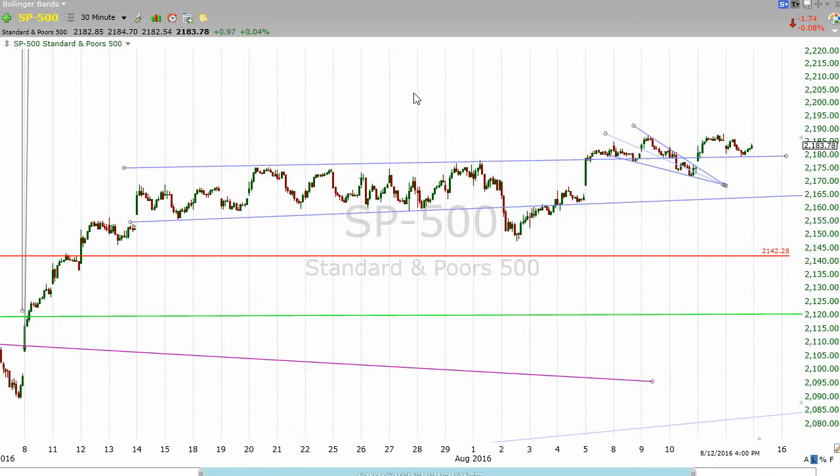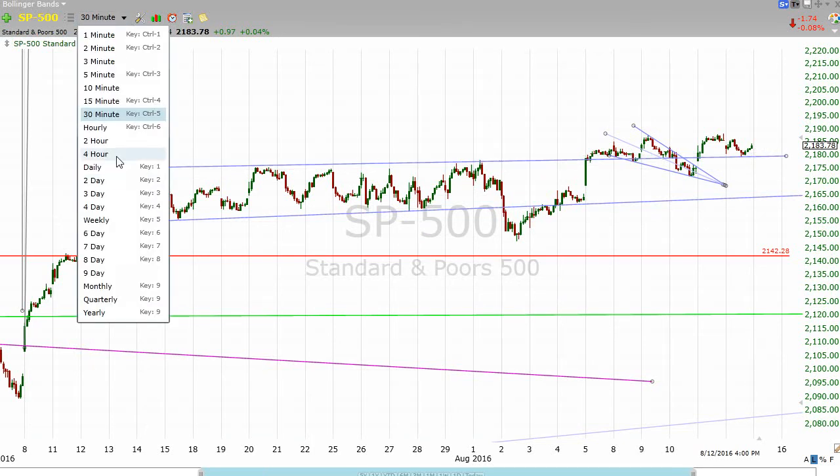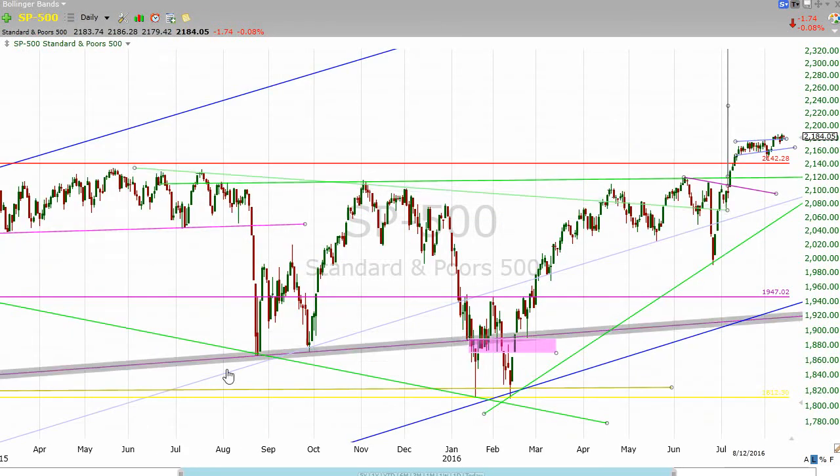So maybe this is an indication that we are ready to move up, because the driving force in the markets right now is this big inverted head and shoulders pattern. That is, I believe, the single most predominant feature in the chart.